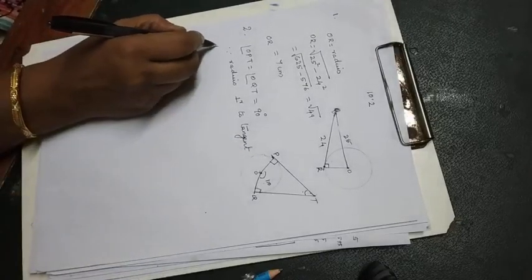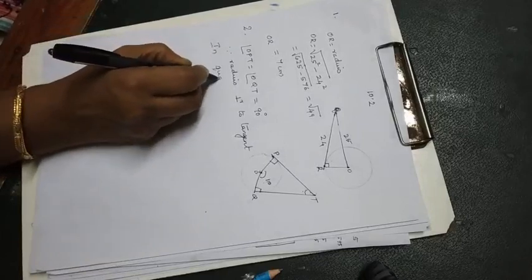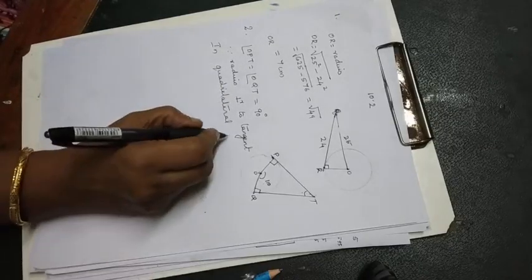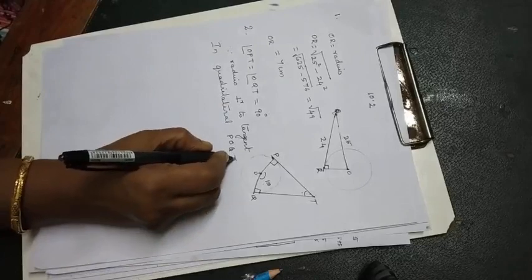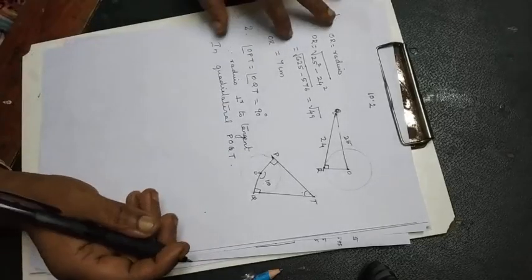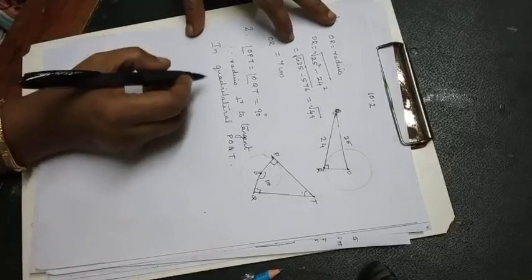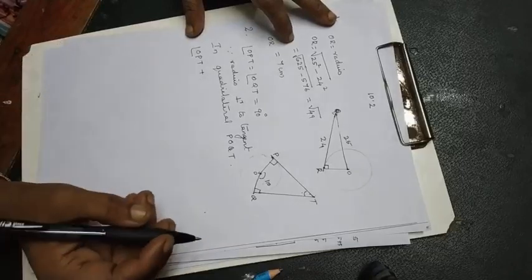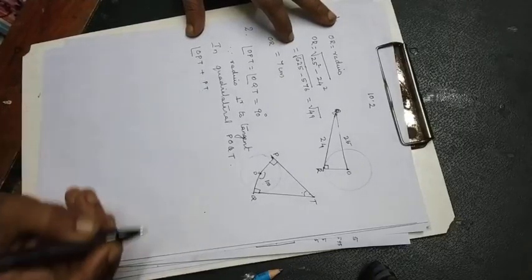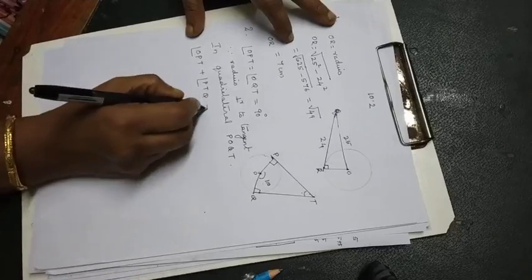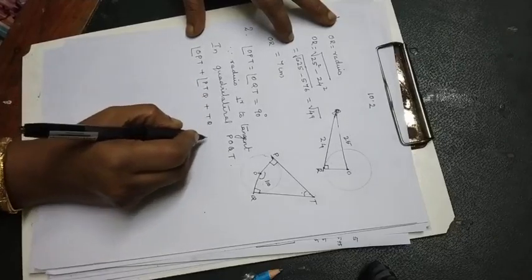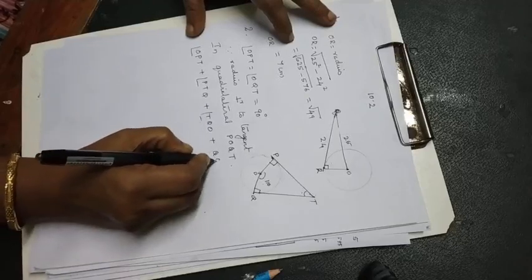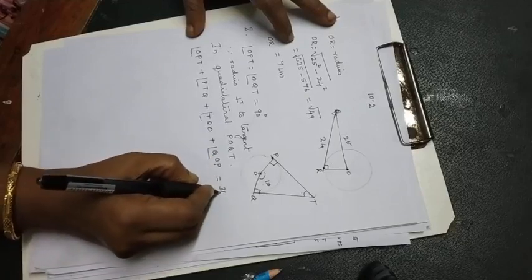Now in quadrilateral POQT, angle OPT plus PTQ plus TQO plus QOP is equal to 360.